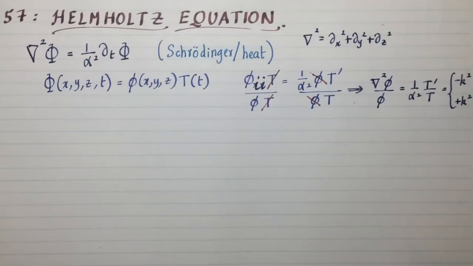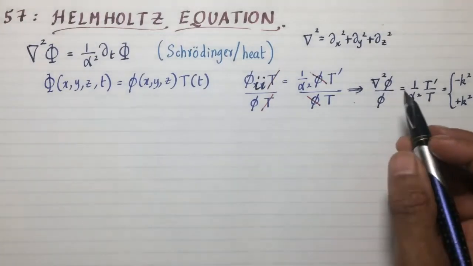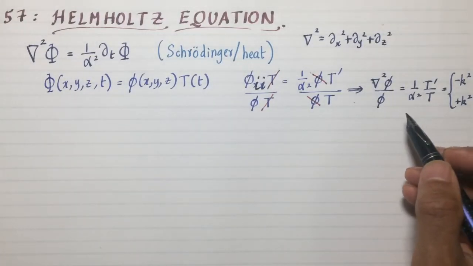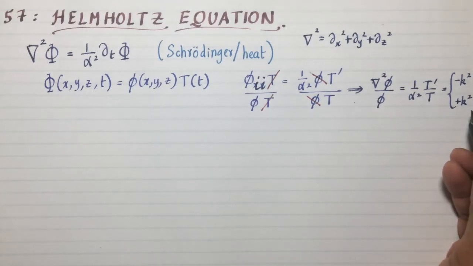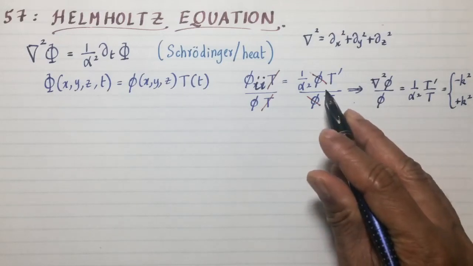Now, what can we choose? In quantum mechanics, you have to have the space part be periodic. So you need to have plus k squared in quantum mechanics. Otherwise, your alpha squared will end up being positive.